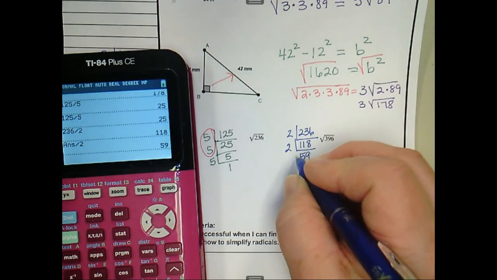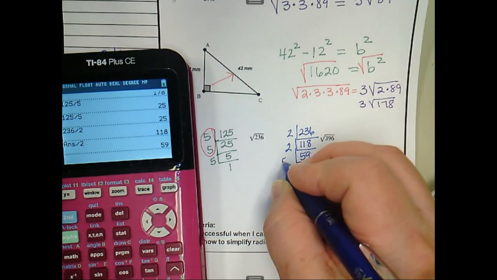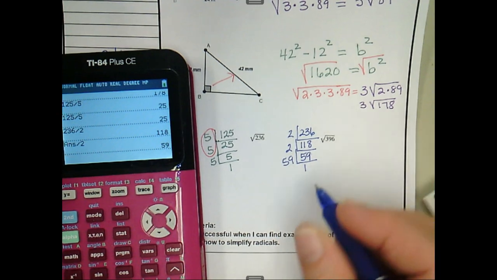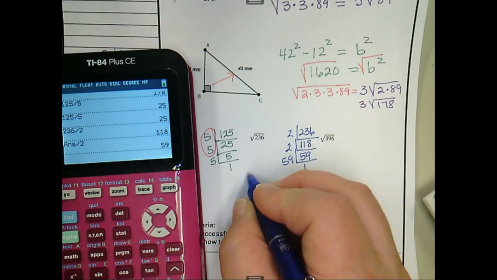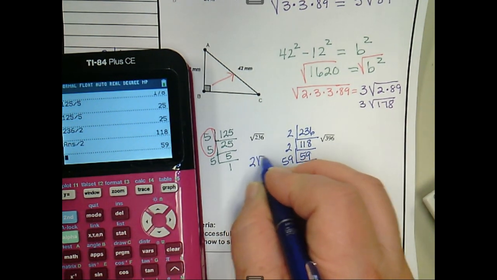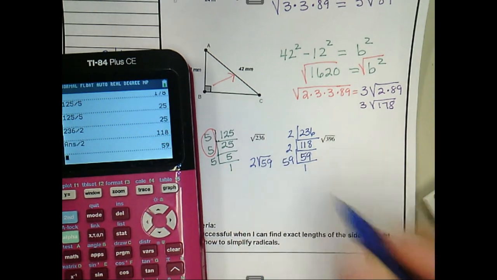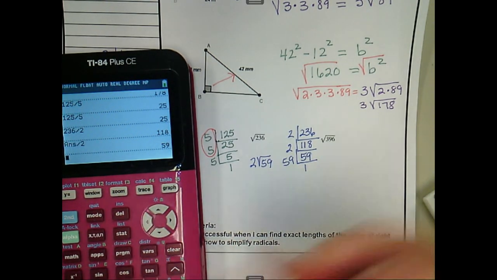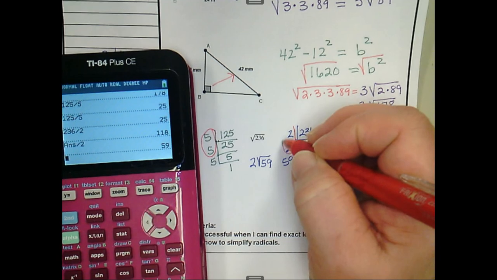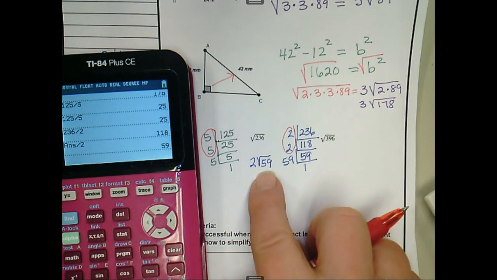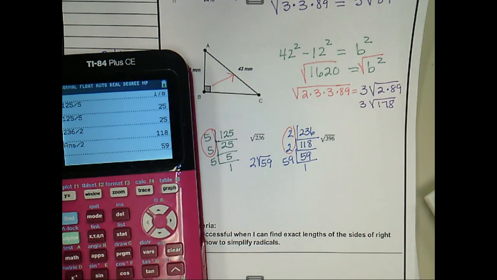Guess what? 59 is prime. 59 divided by 59, and I'm done. So this is 2 square root of 59. I bring one pair of the 2 out, and 59 is left underneath. Try the last one on your own now. If you didn't try this one, please try the last one.